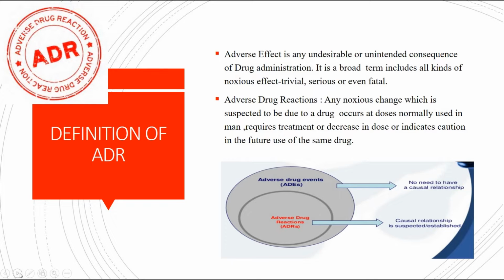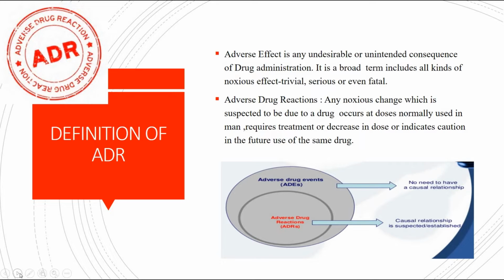This means, in brief, it is the amount of drug administered, and with respect to that we see its reaction. But if the dose is in excess or if it is less, it is showing a noxious effect, and that noxious effect can be termed an adverse drug reaction, because it is unintended and undesirable.